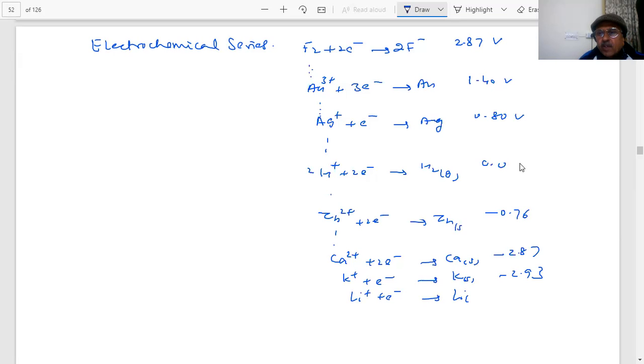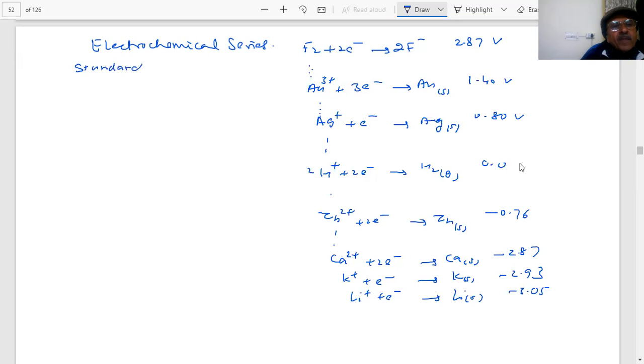So here we are giving you some of the values of the reduction potential, minus 3.05. So fluorine is the strongest oxidizing agent, as you can see, and lithium is the strongest reducing agent. These values are called the standard electrode potential values or standard reduction potential at 298 Kelvin.